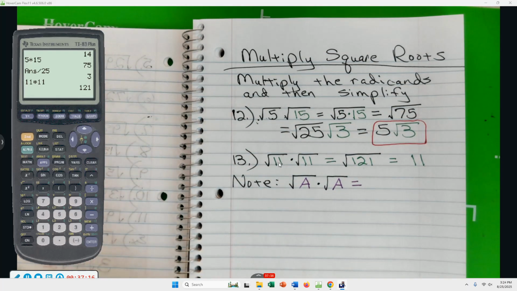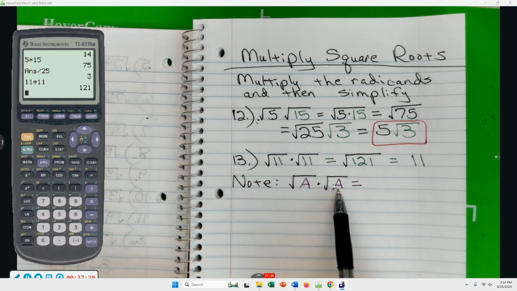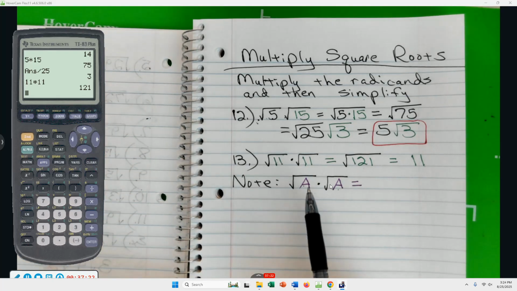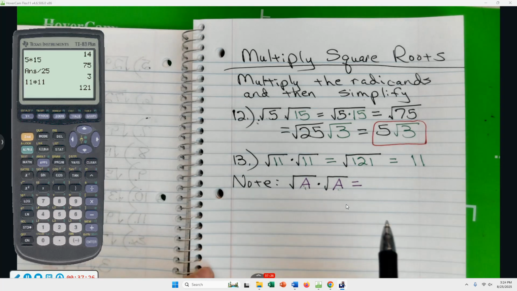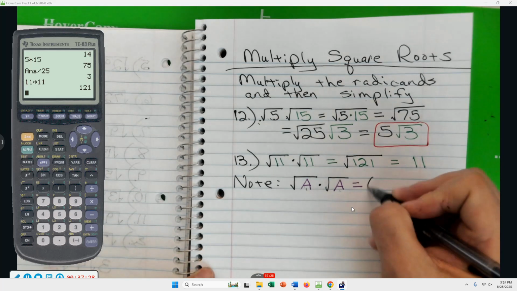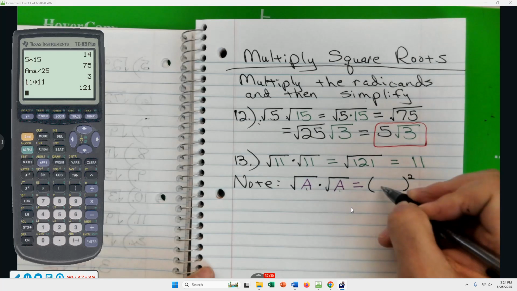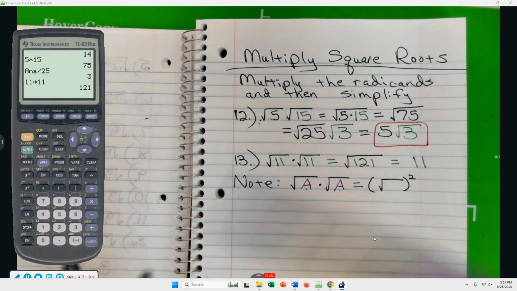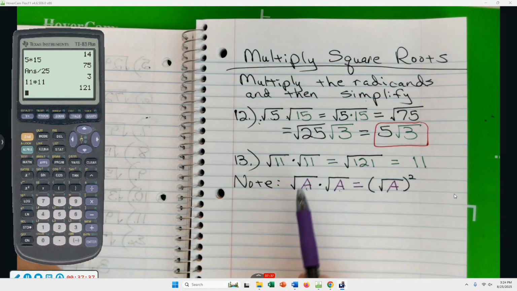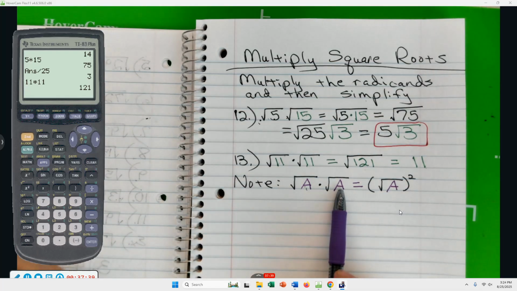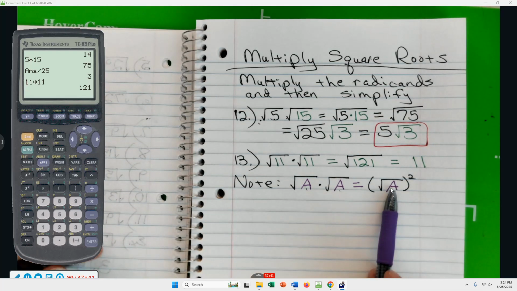I'm going to put in an extra step here. If you have a quantity times itself, isn't that the same thing as using the exponent square? That's the same thing as saying the square root of A squared. The square root of anything times the square root of anything means you're squaring that square root.